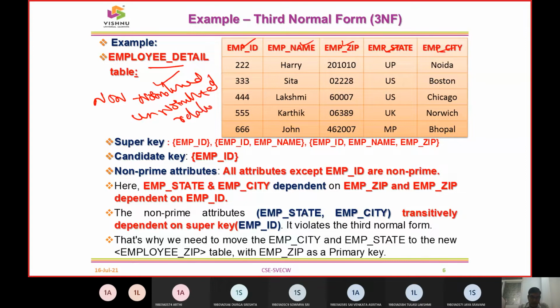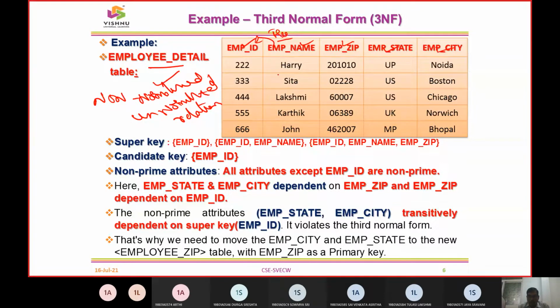Just think, how is name related to employee ID? It is true, they are related to one another, and employee name is dependent on the employee ID.